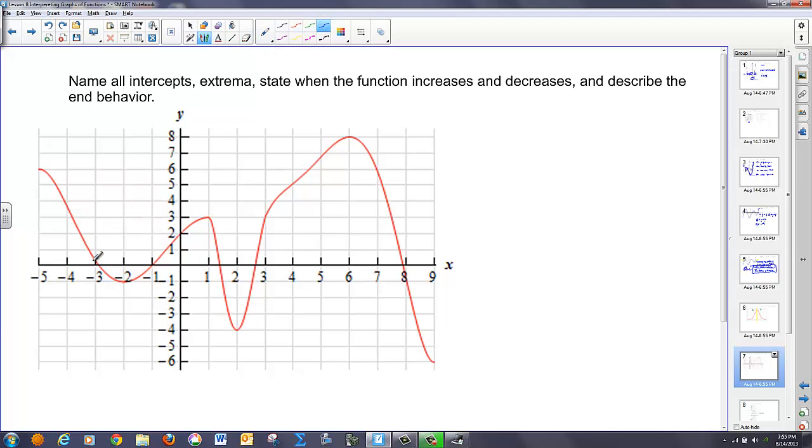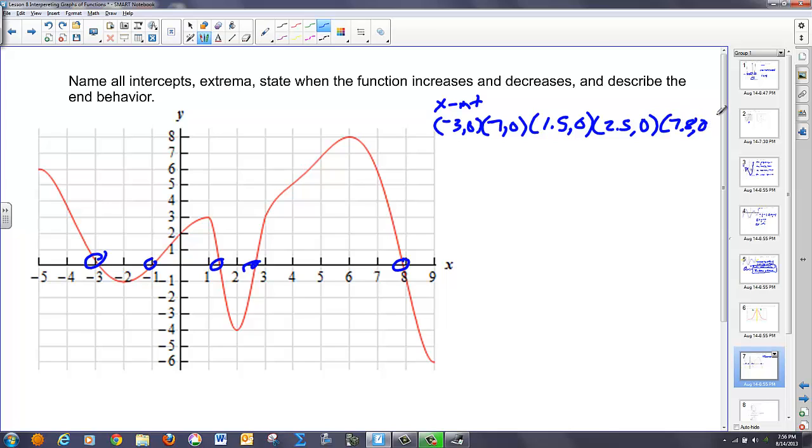First of all, let's look at my x-intercepts, where it crosses the x-axis. 1, 2, 3, 4, 5 spots. Okay? So we're going to say x-intercepts. That happens at (-3, 0), (-1, 0), I'm going to say roughly (1.5, 0), (2.5, 0), and let's say (7.8, 0).